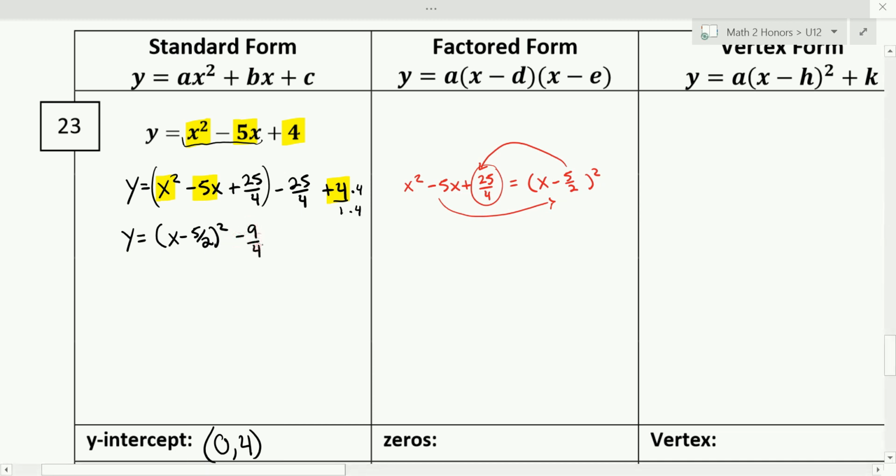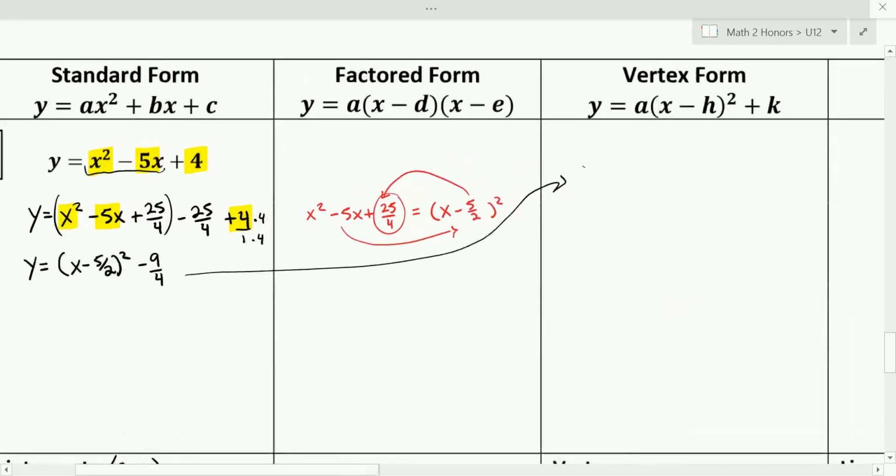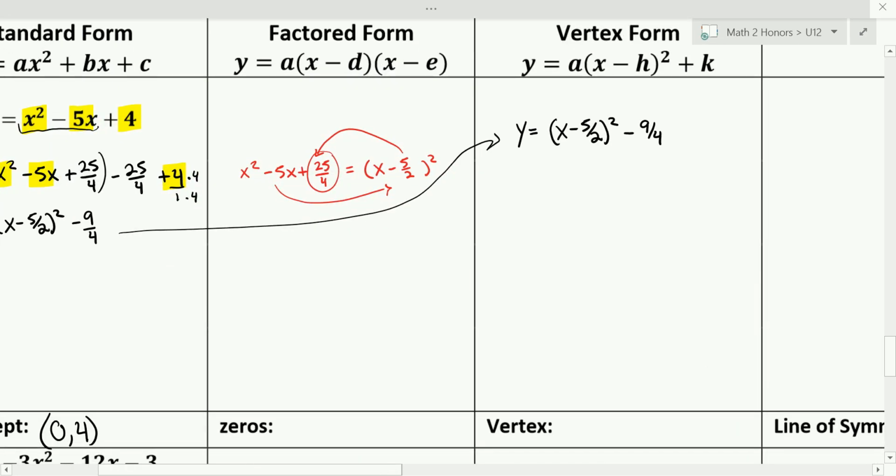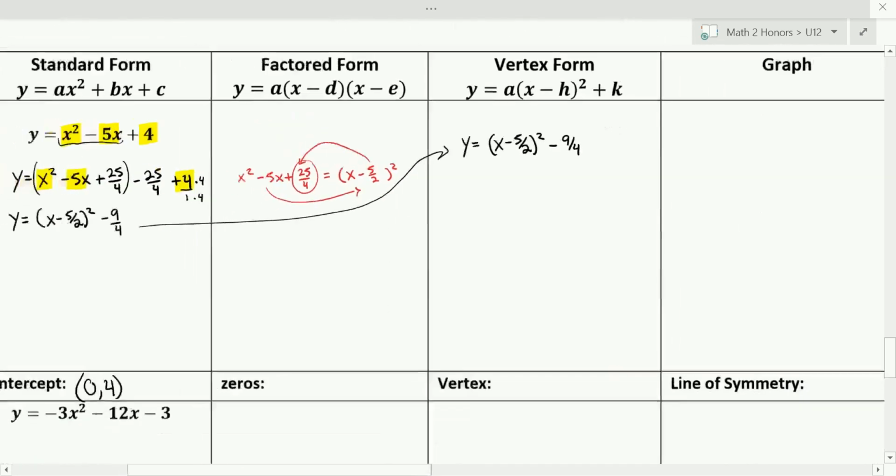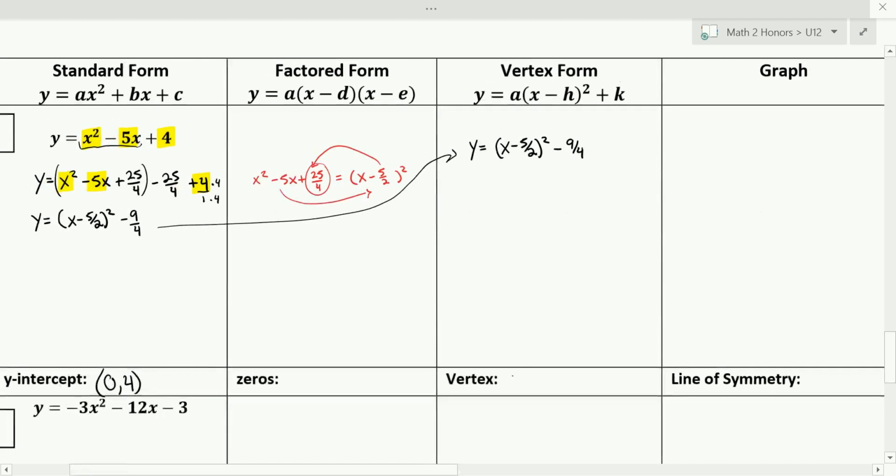And now we have our form. We can write it over here in vertex form. What's our vertex going to be? Positive 5 over 2, negative 9 over 4.